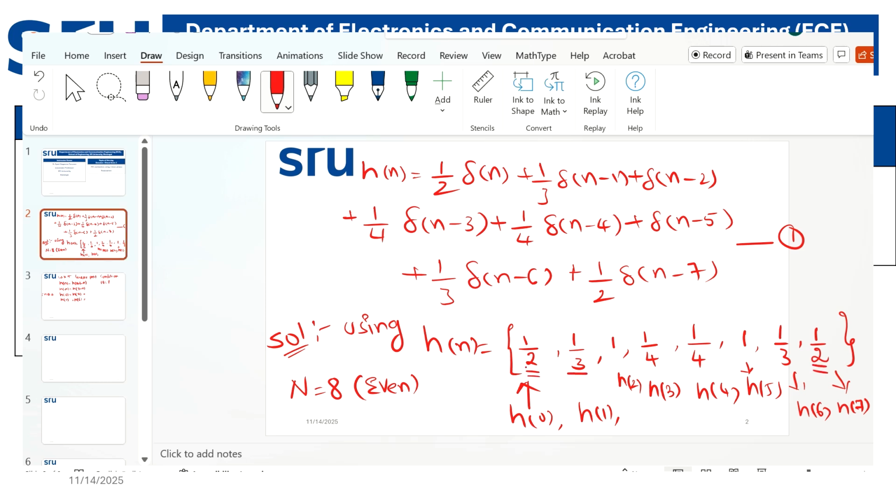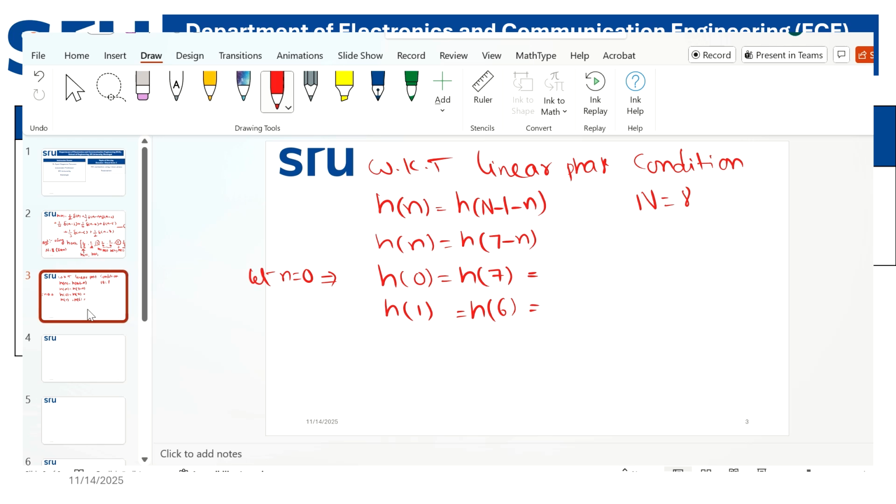Next, h of 1 is equal to h of 6, then h of 2 is equal to h of 5, and these are equal, right? The same we are mentioning in terms of the linear phase formula. So h of 0 is equal to h of 7, that is equal to 1 by 2.